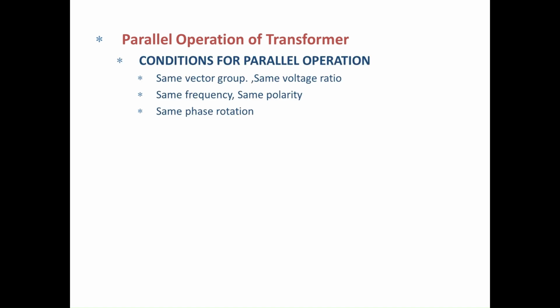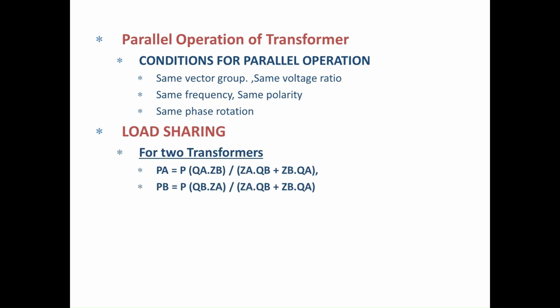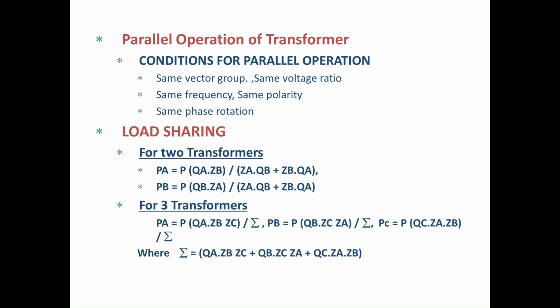And you must have studied the theory that we should have same vector group, same voltage ratio, same frequency, same polarity, same phase rotation for paralleling the transformers. And how the load sharing is being done for two types of transformer, as we have seen in our nameplate, the percentage impedance. Based on the percentage impedance, we have this formula, and the power is being shared among the transformers.